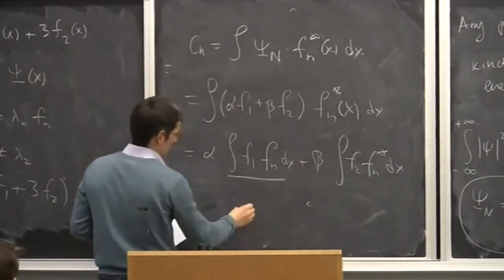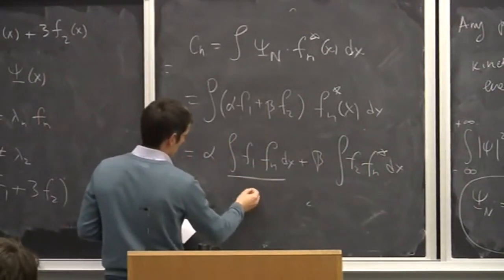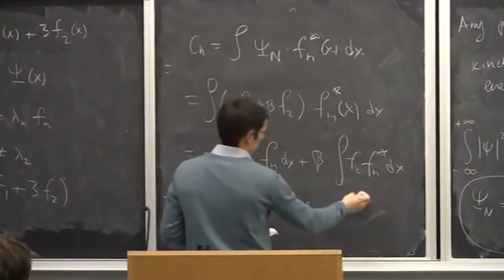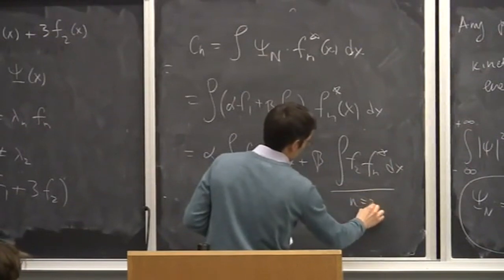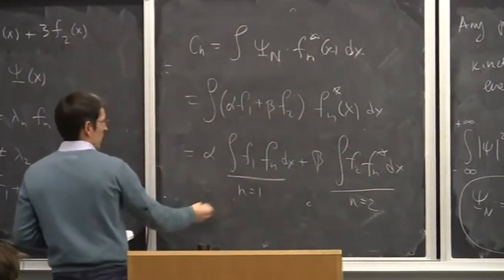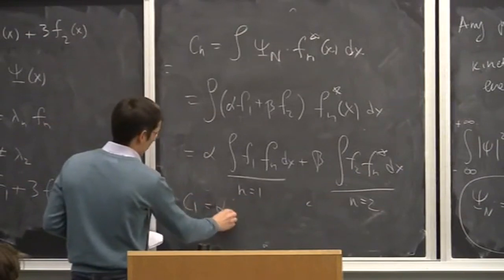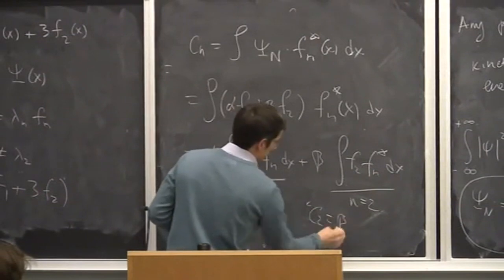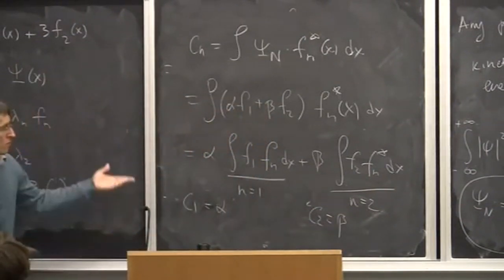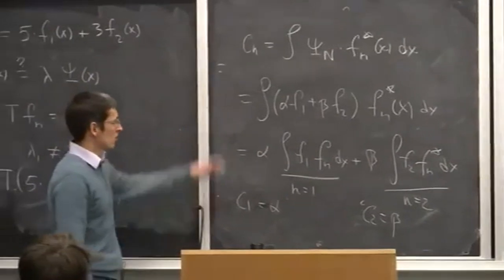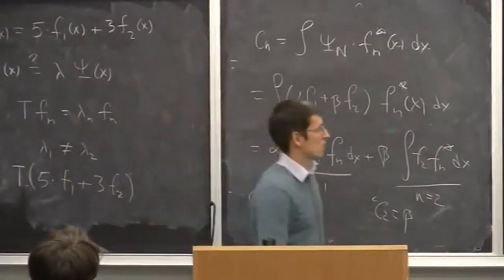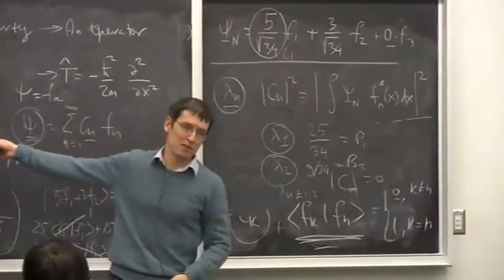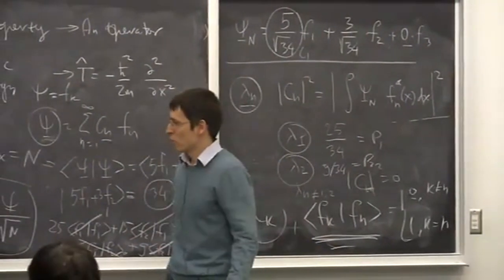The first is only non-zero when n equals 1, and the second is non-zero when n equals 2. Therefore C1 would be alpha, and C2 will be beta, right? So that's what we got at the end. You could do it this way, or you can just notice that you already have that expansion, so there is no point in actually making these integrals, because they will all be 0 or 1.